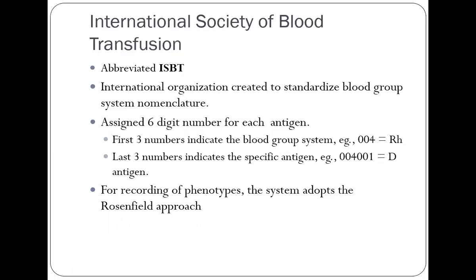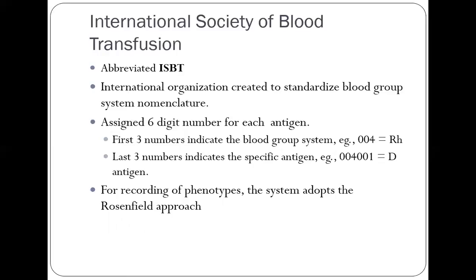So then the International Society of Blood Transfusion, also abbreviated as ISBT, in an effort to standardize the blood group system nomenclature, assigns a 6-digit number to each blood group specificity. The first 3 numbers represent the system, and then the remaining 3 represent the antigen specificity.